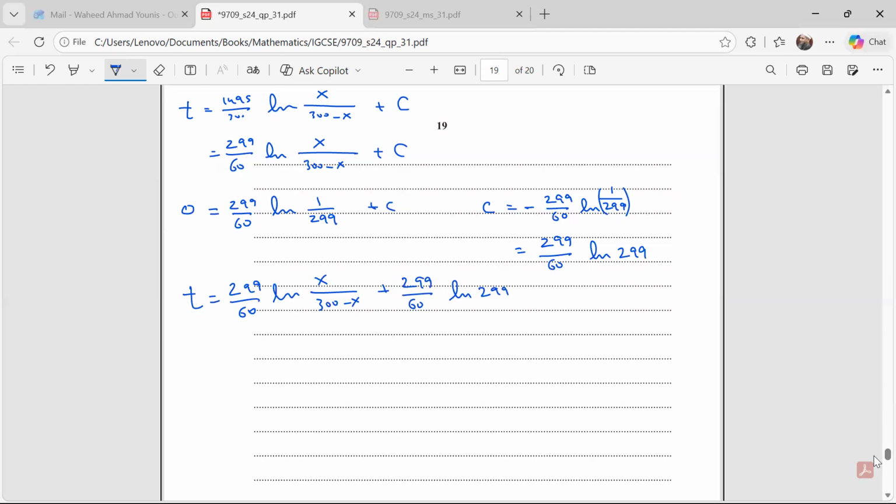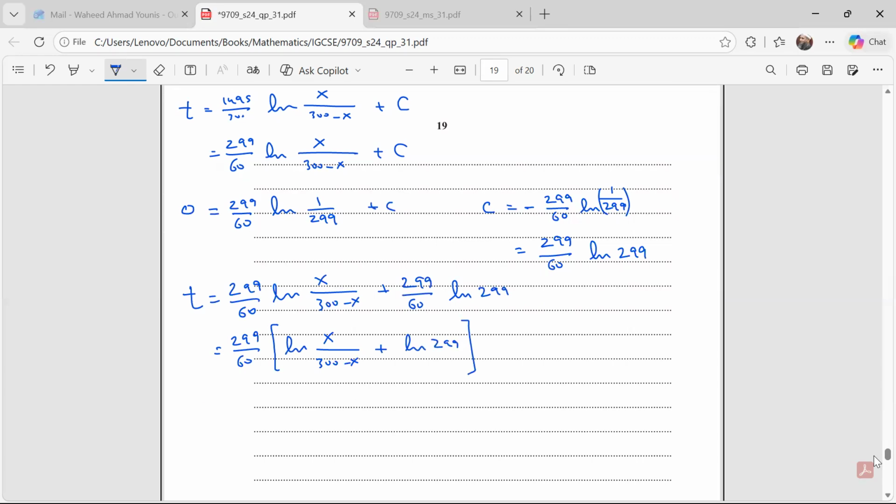If I take this 299 over 60 common outside from here and here, I will have log of x over 300 minus x plus log of 299.